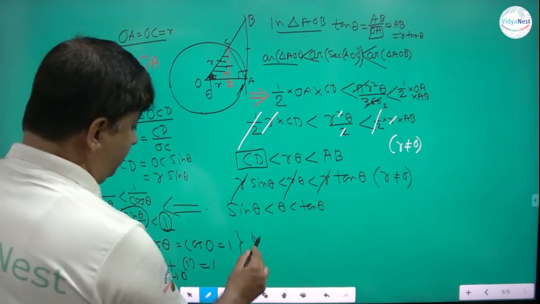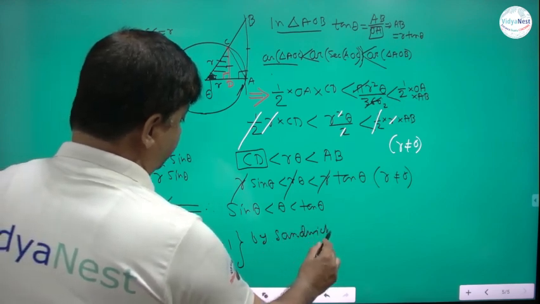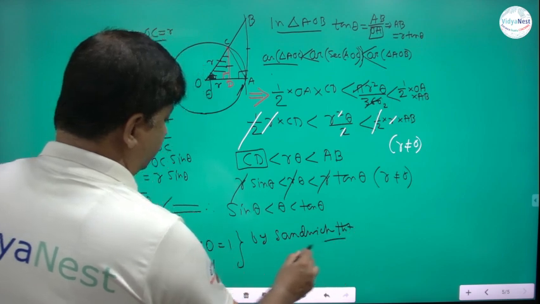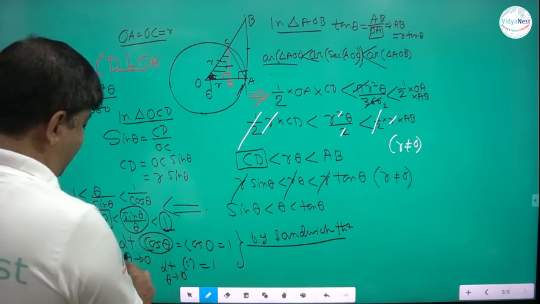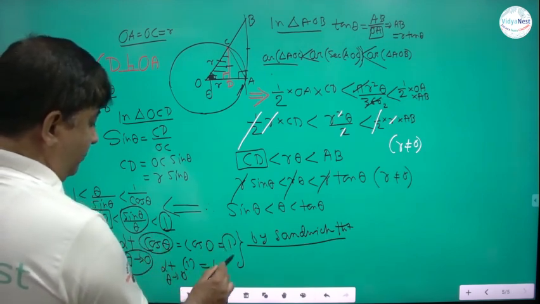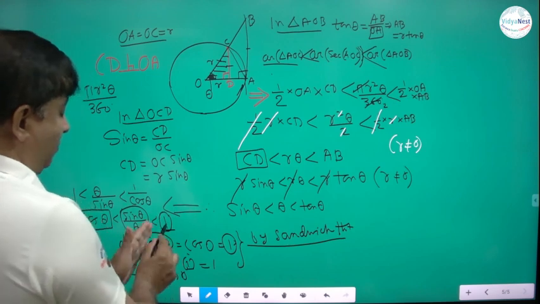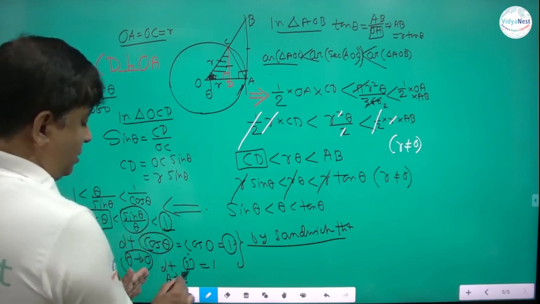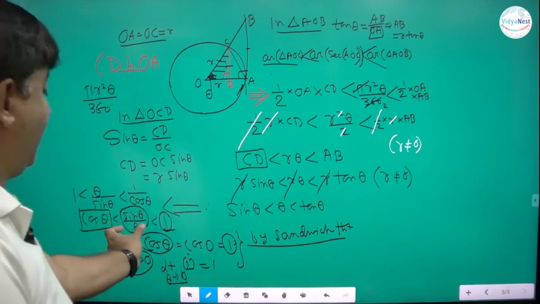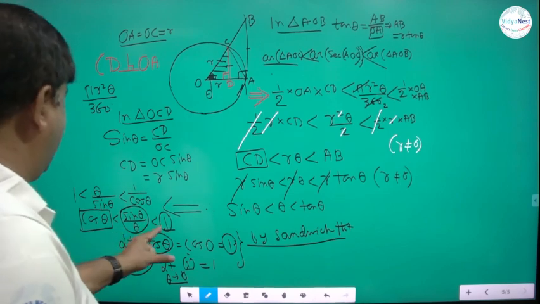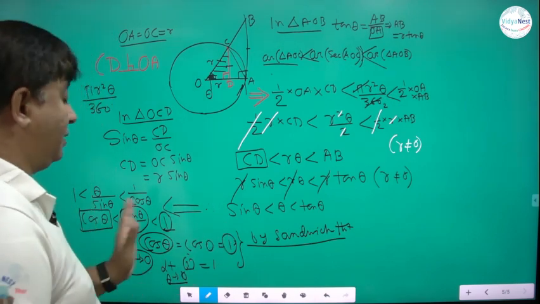Therefore, by sandwich theorem, as the lowermost function's limiting value as theta tends to 0 is 1, and the uppermost function's limiting value as theta tends to 0 is also 1, the function that lies in the middle, squeezed between these two, will also have the same limiting value at theta 0.